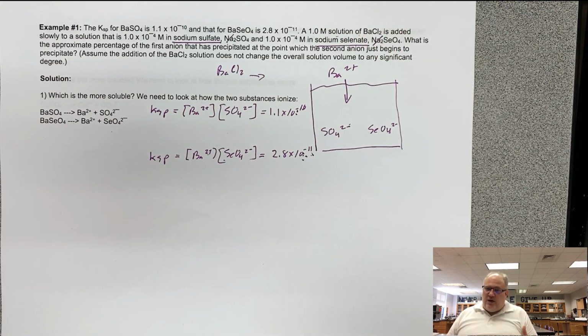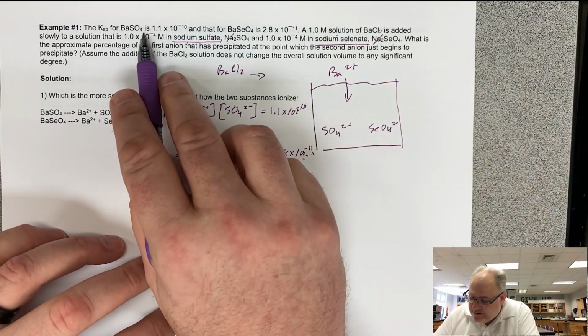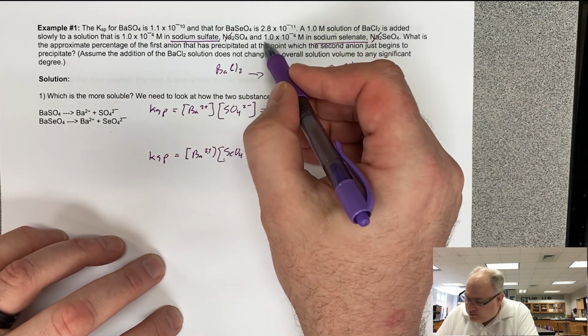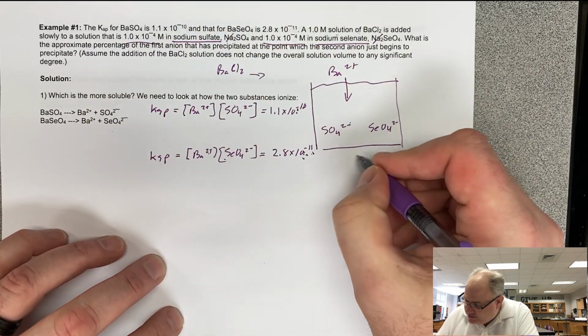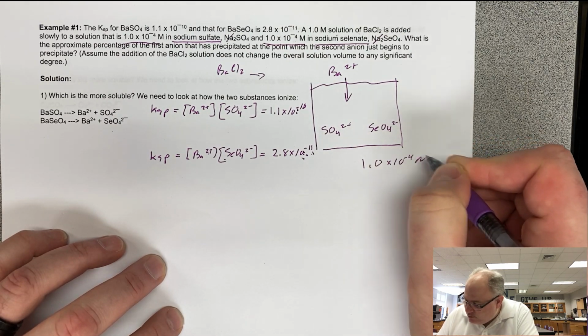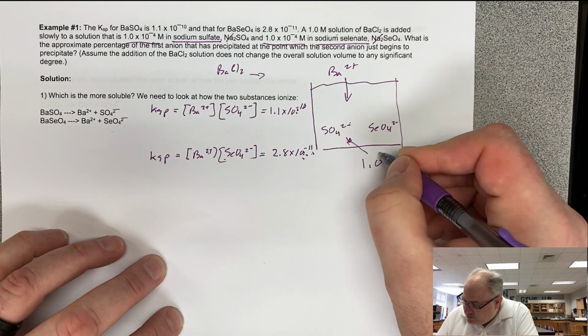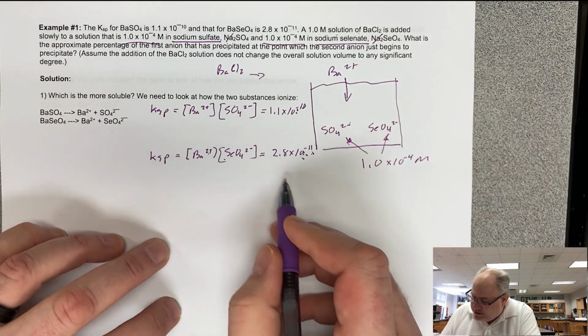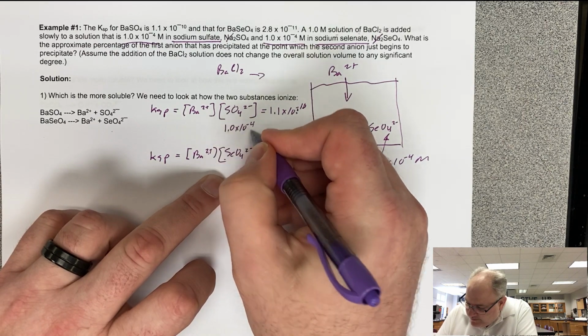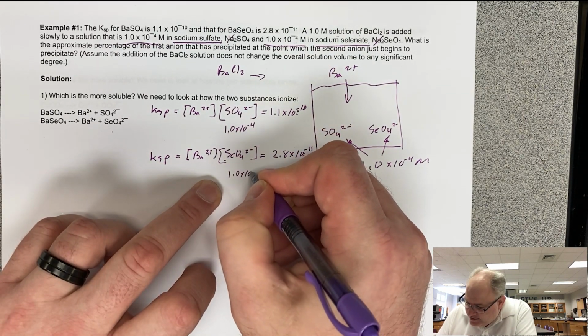Now, you could go ahead and actually do mathematics in here, because didn't they give you 1.0 times 10 to the negative 4 molar of both of these solutions? So in our actual container, we have 1.0 times 10 to the negative 4 molar for both of these. So what you could do is plug in here 1.0 times 10 to the negative 4, and here 1.0 times 10 to the negative 4.